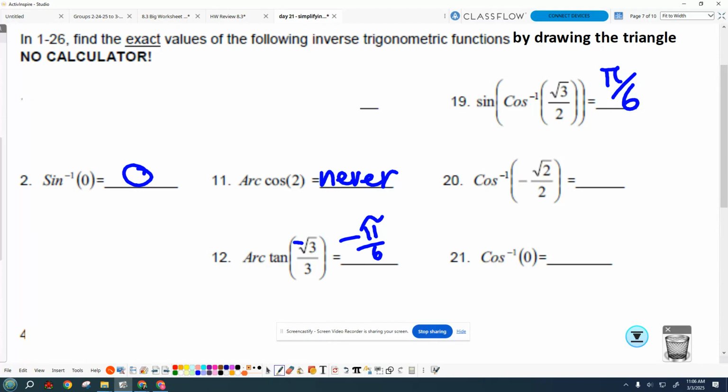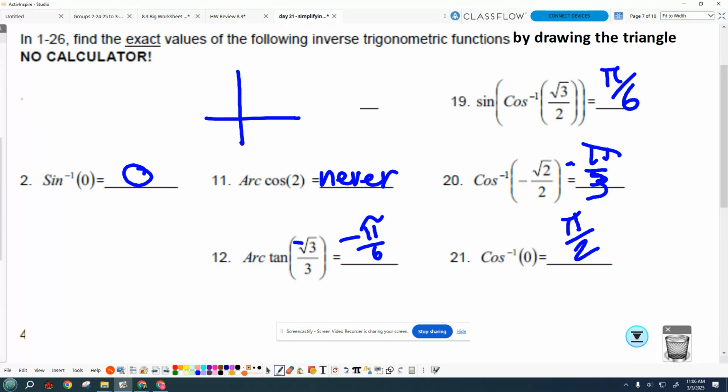So Thursday's quiz is still gonna have this trig inverse stuff on it, because it doesn't go away. All right, so the first one.